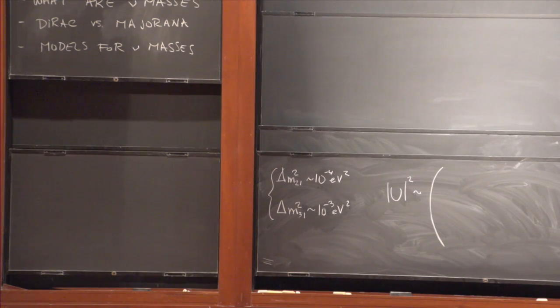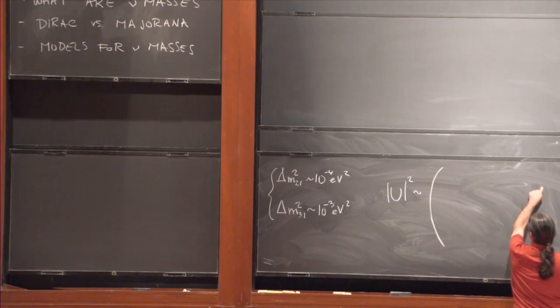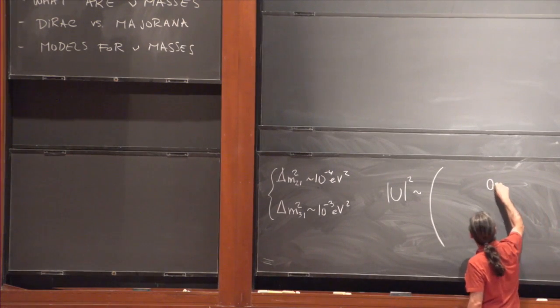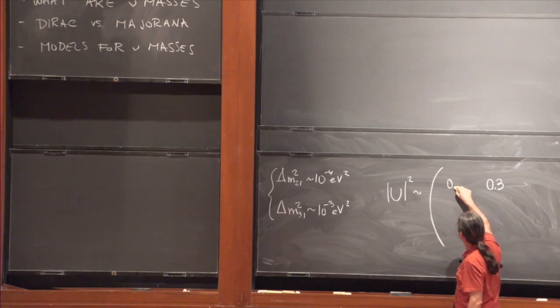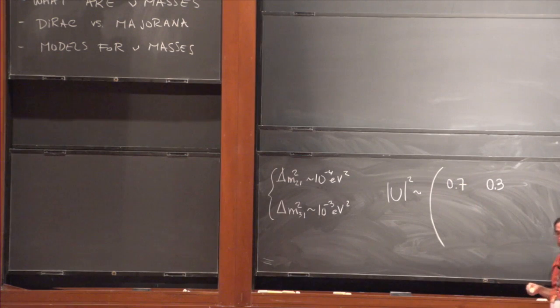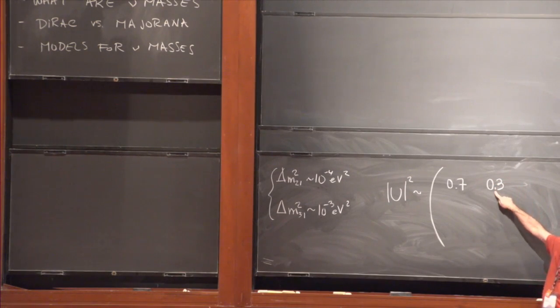To be very concrete, solar neutrino experiments effectively measure this number here, that's about a third. And we're sure that this number here is about 2/3. The solar neutrino experiments measure mostly this number.